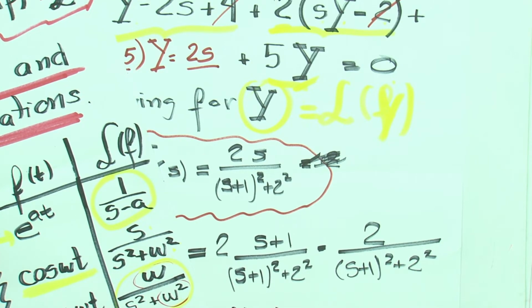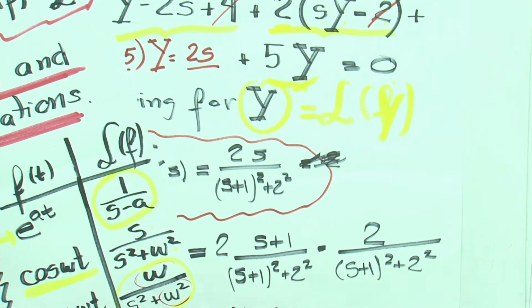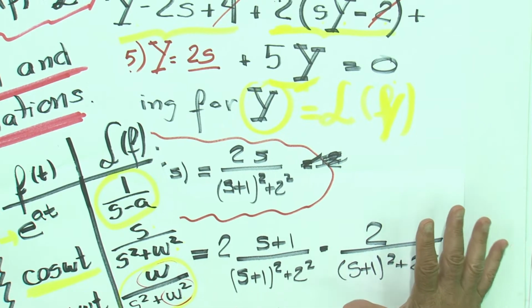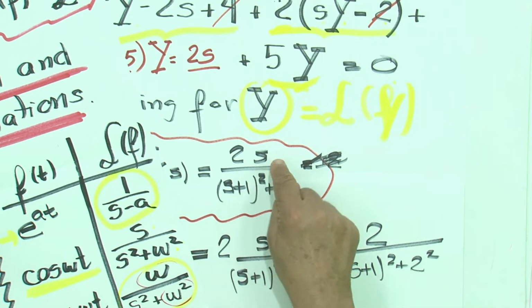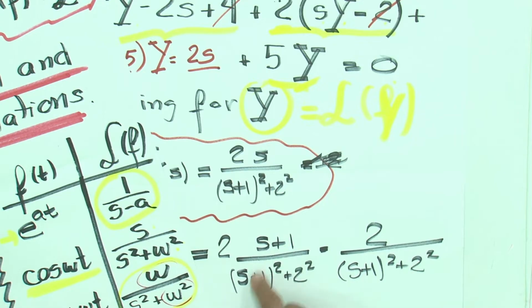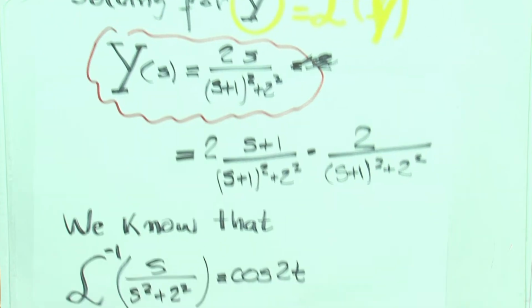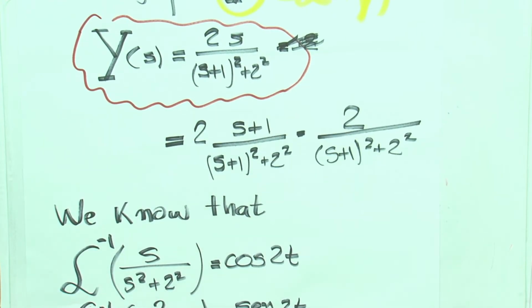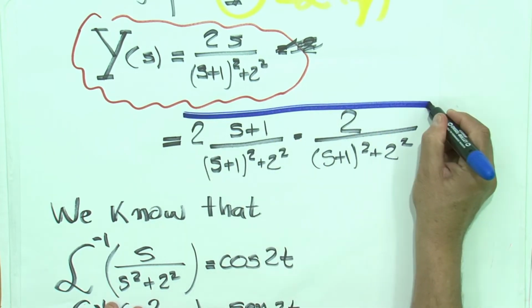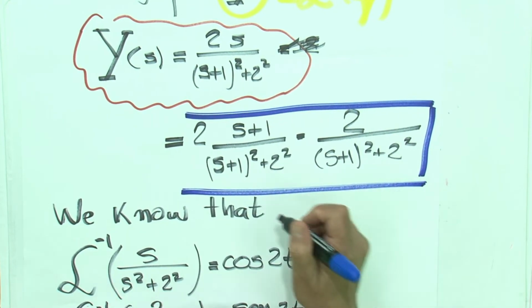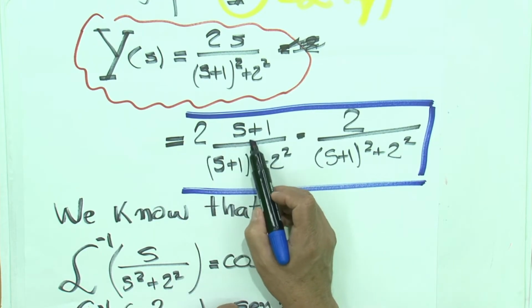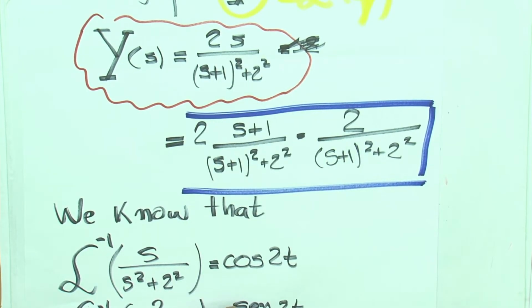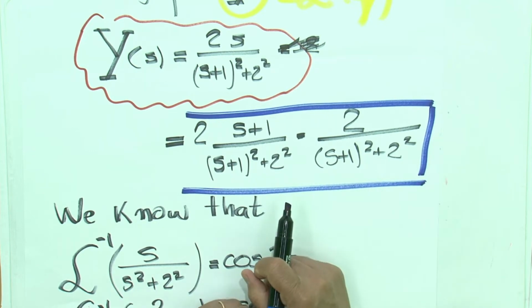But what I can do is manipulate this a little bit by adding and subtracting, making things look perfect. I want to transform this s into s plus 1, because then this is solved using the properties. So this expression can be rewritten as this one. You can verify easily, because this is 2s plus 2 minus 2, with 2s divided by this term.